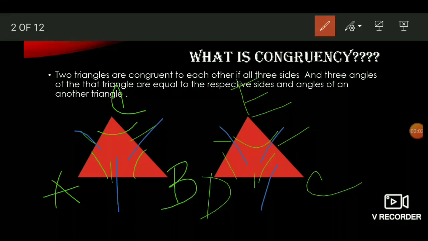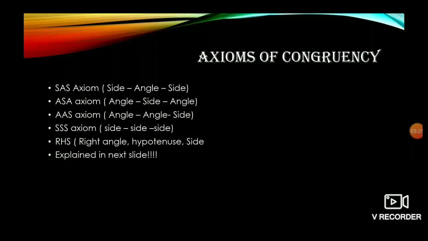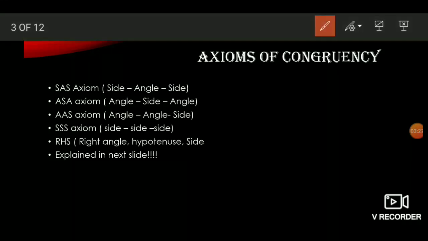Now let's move on to our next slide, that is the axioms of congruency, that is, the tests of congruency, or how we can prove whether two triangles are congruent or not. So the first axiom is SAS, that is side angle side.